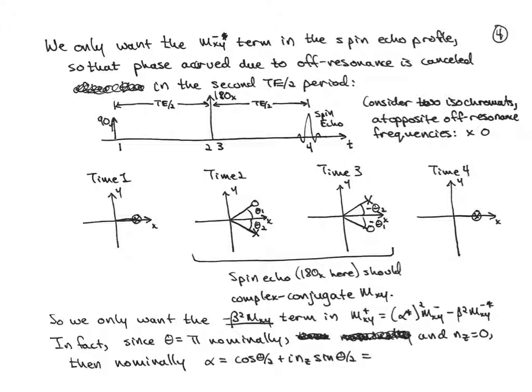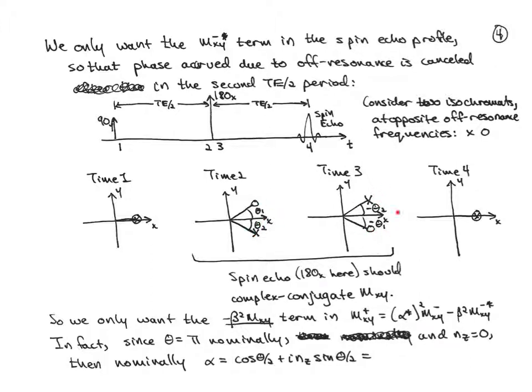When we get to time 2, right before the 180, they will have experienced some phase due to their off resonance. So the circle here would experience this phase theta 1 due to off resonance, and the X vector here, isochromat, would experience this off resonance induced phase theta 2. The 180-degree pulse is going to pancake flip these. It's played out on the x-axis, so this is the rotation axis here, so it flips the circle over down here and it flips the X up here, right?